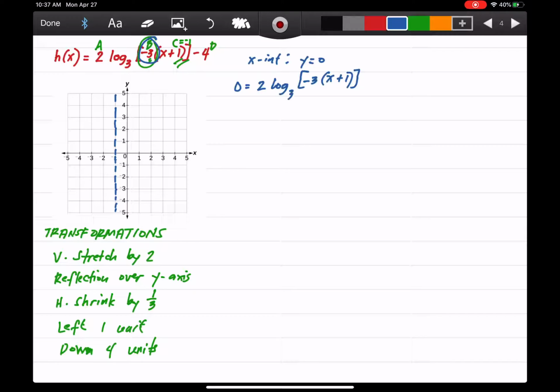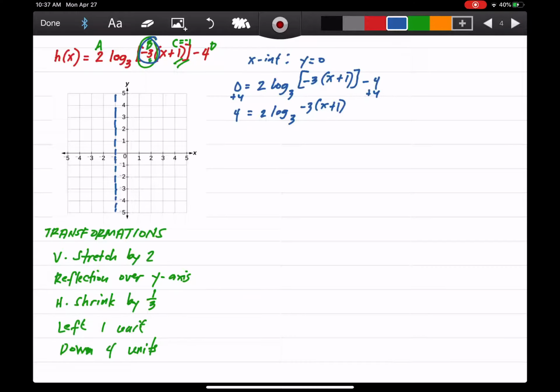With base 3 minus 4. Okay? So what you can do here is add 4 to both sides. So if you add 4 here and add 4 here, you get 4 equals 2 times the logarithm of -3 times x plus 1 with base 3.